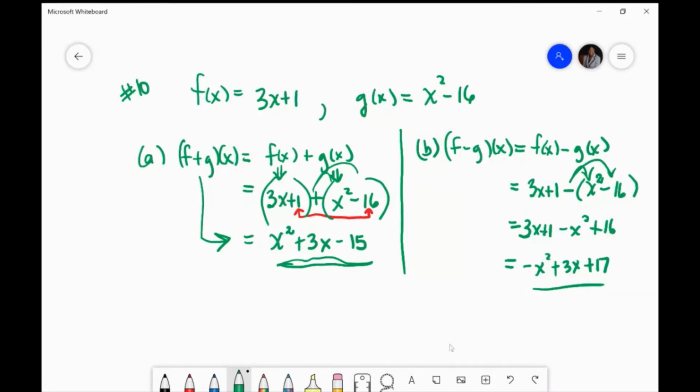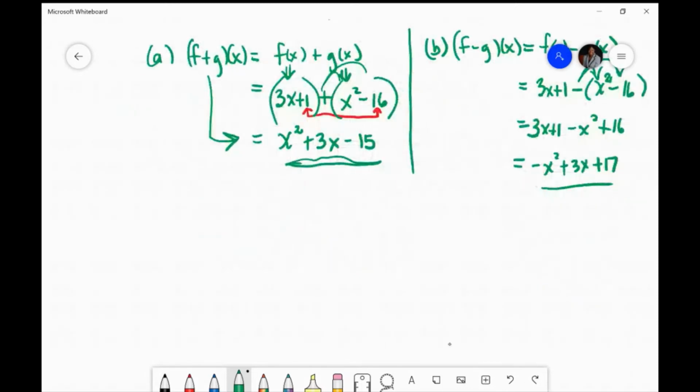All right. Let's go to C. f times g of x. Again, someone other than Kenneth and Alicia, what is the definition? What does it equal? f of x times g of x. Correct. f of x again is 3x plus 1.